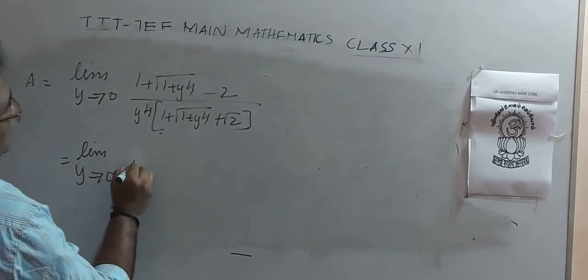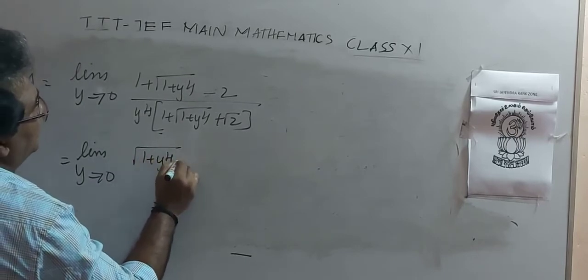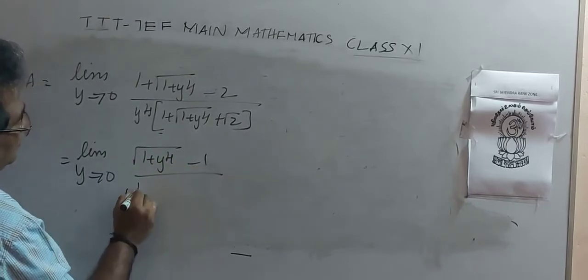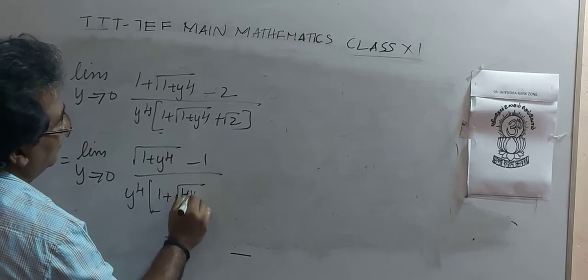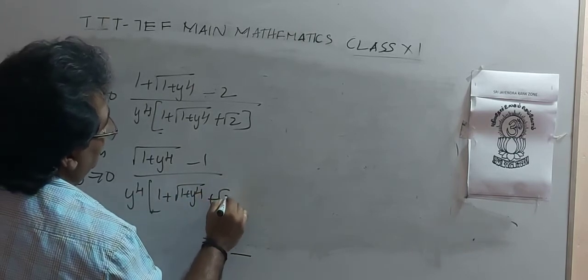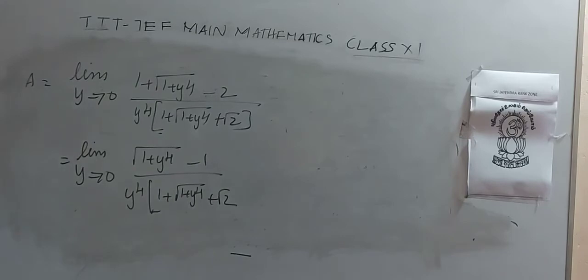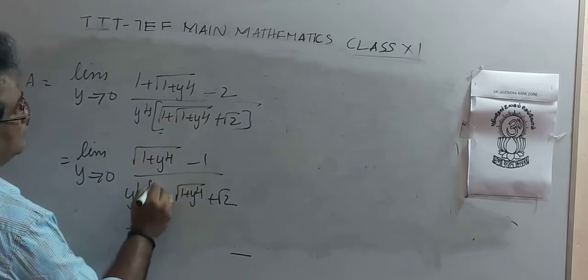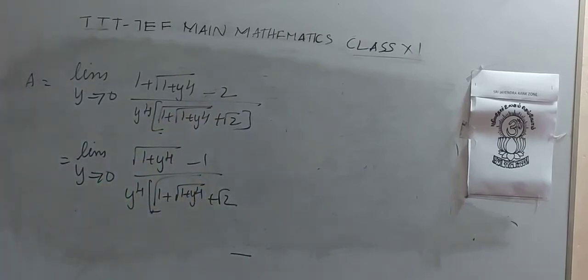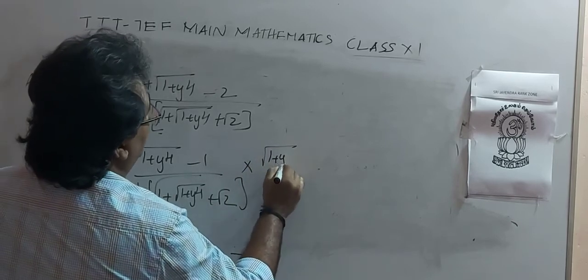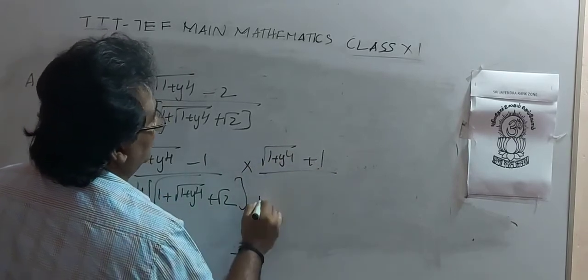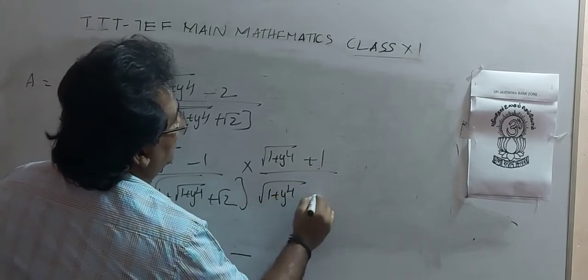Limit y tends to 0, 1 plus y power 4 minus 1 divided by y power 4 into root of 1 plus y power 4 plus root 2, into root of 1 plus y power 4 plus 1 divided by root of 1 plus y power 4 plus 1.